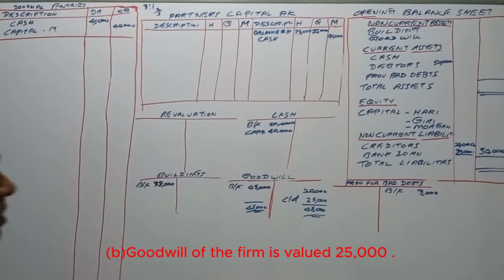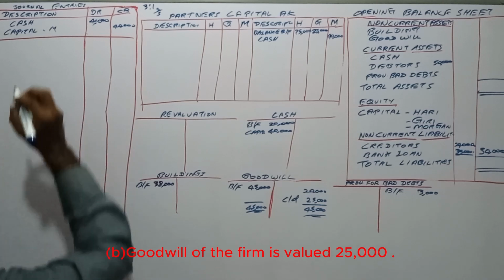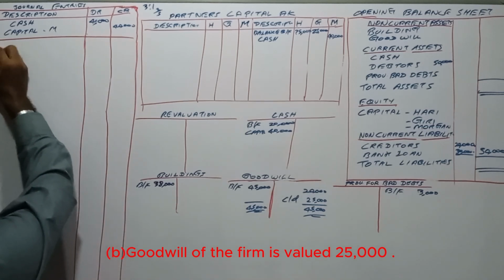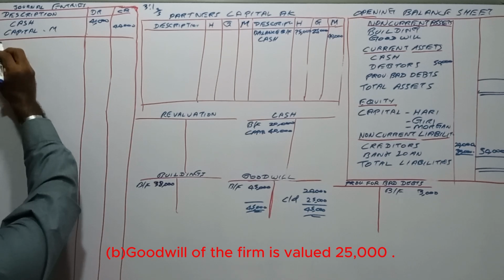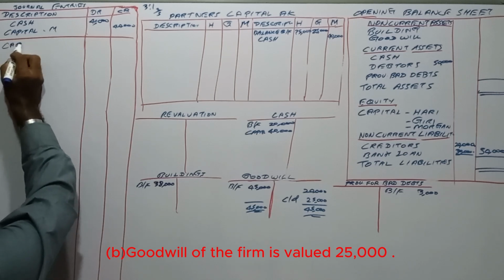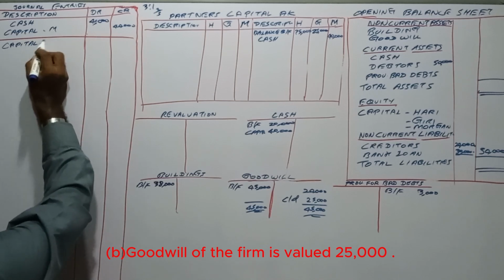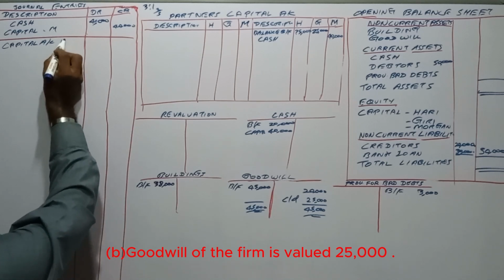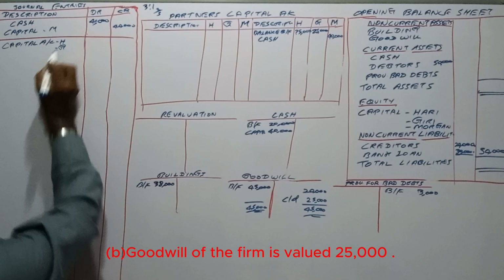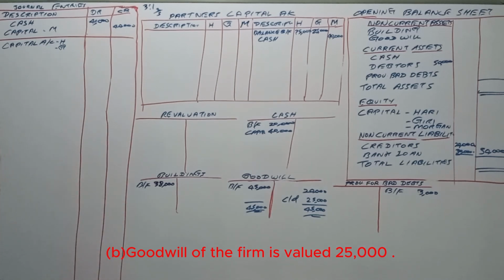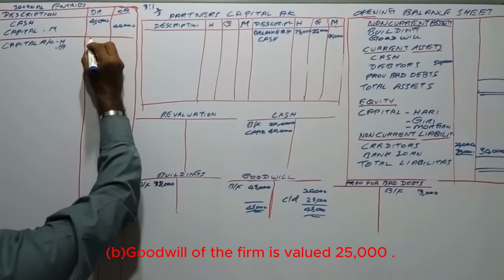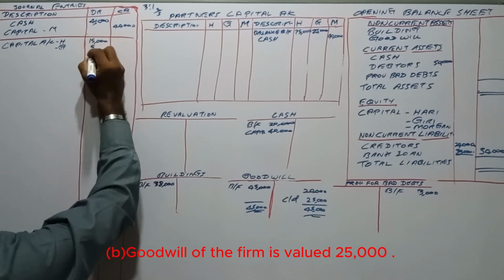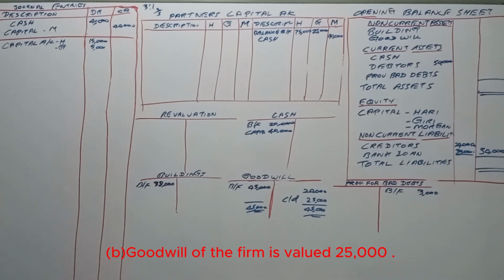This will go to the capital accounts of Harry and Giri, debited according to the old profit sharing ratio, that is 15,000 and 5,000.